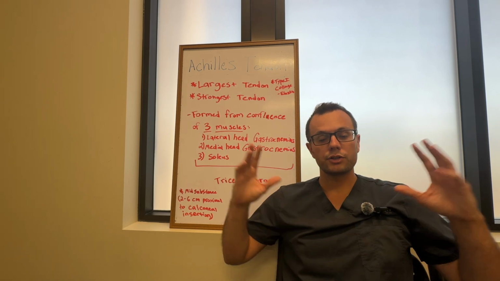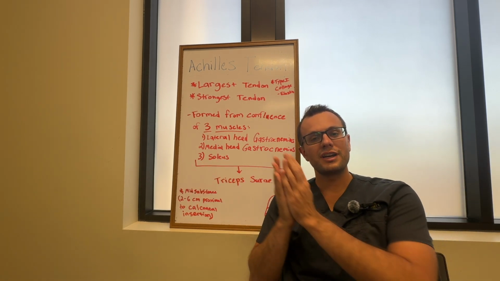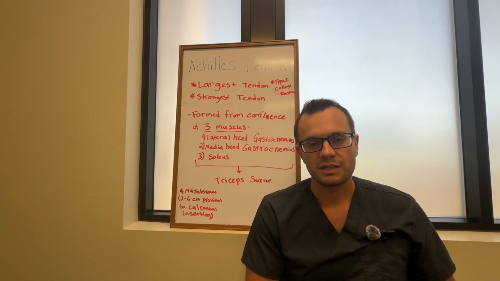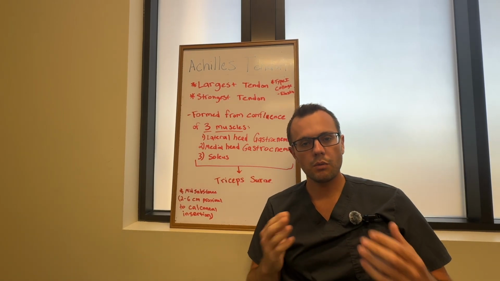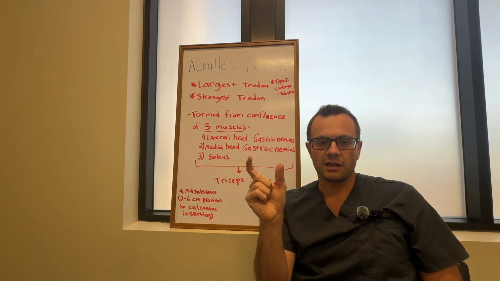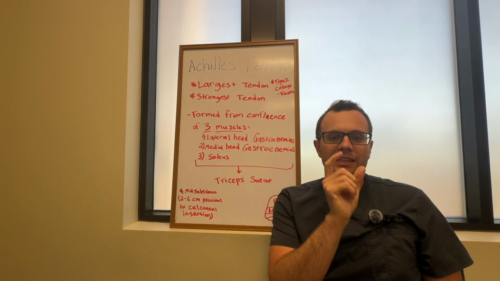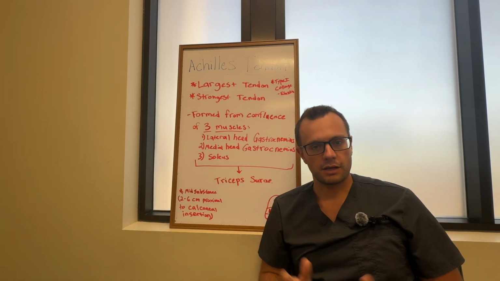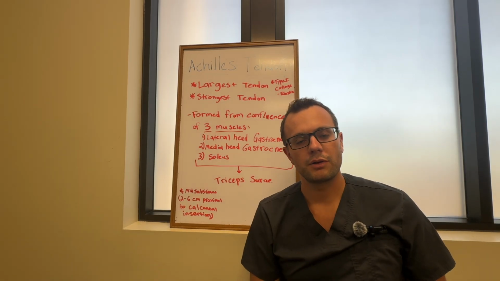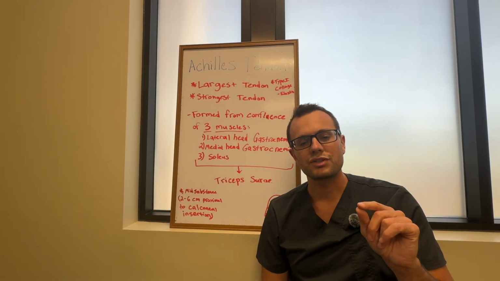And one overarching way to look at this is when you look at muscle, it's typically red. And when you look at connective tissue, it's typically white. This isn't always the exact distinction, but muscle has a lot of blood flow, and ligament and tendon typically don't have a lot of blood flow. And this is the area which has the least amount of blood flow, and therefore why it's the most at risk of rupture.